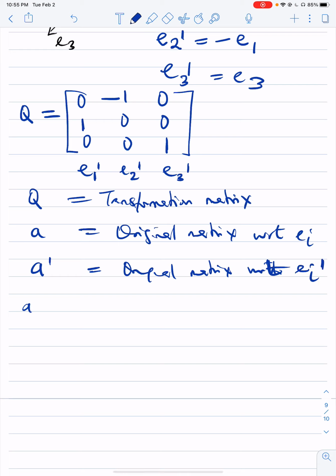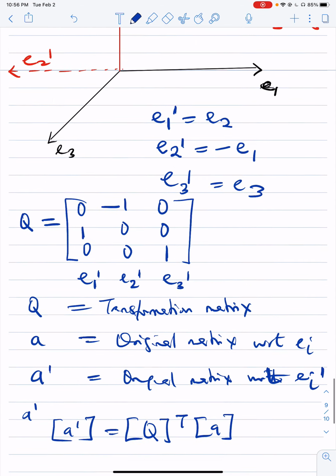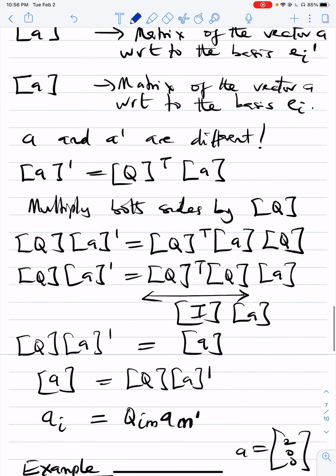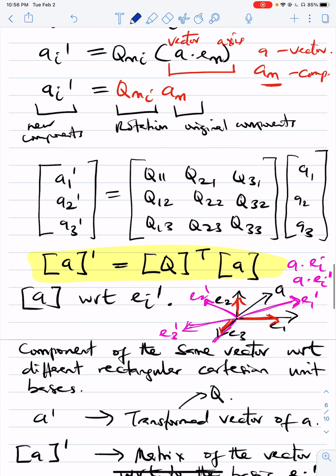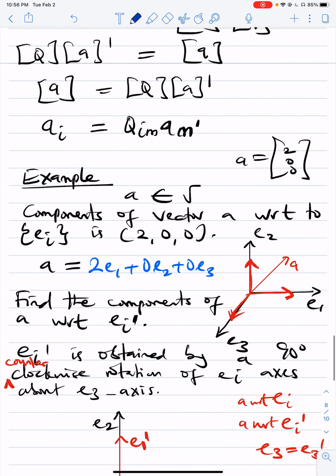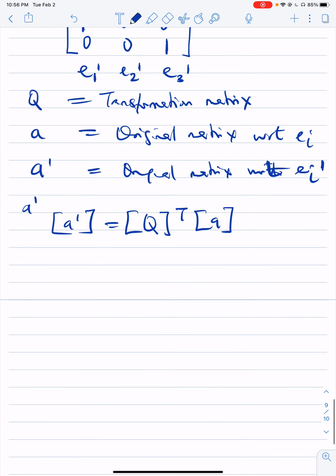Now, how do we get A prime? It's kind of straightforward, isn't it? It's simply A prime equals Q transpose A. And I bet if you look upward, you will have seen this formula here, and also highlighted here. So that's how to get A prime, right?